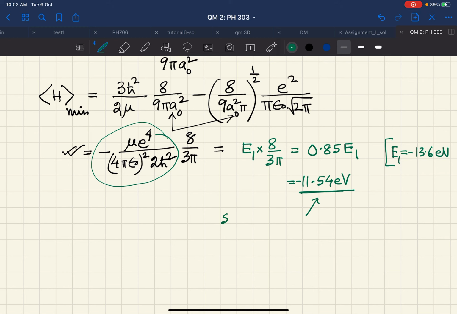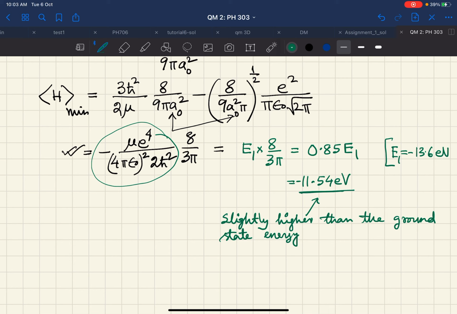So this is slightly higher because it's negative, slightly higher than the ground state energy of the hydrogen atom.